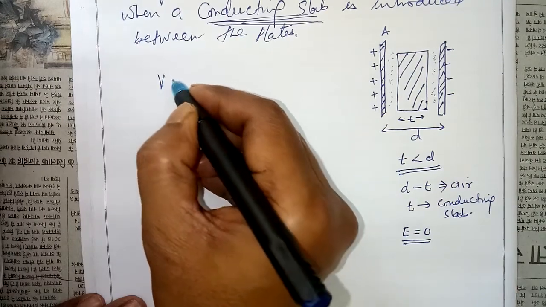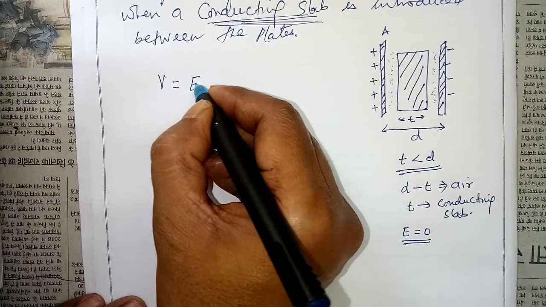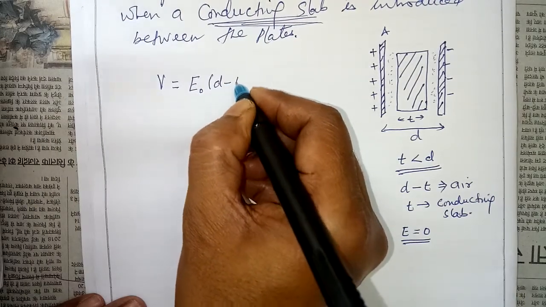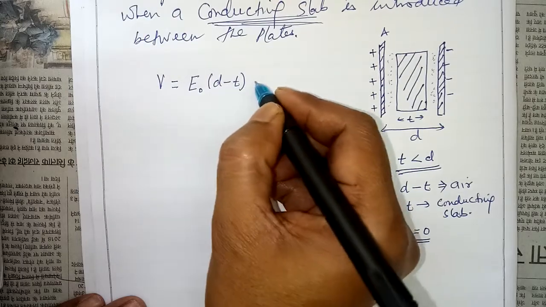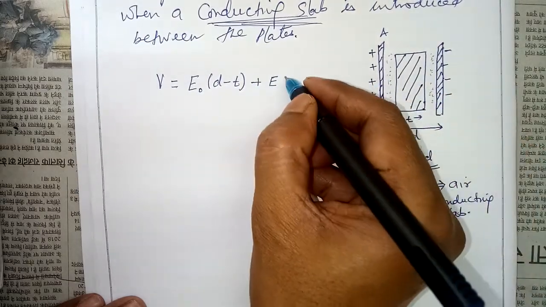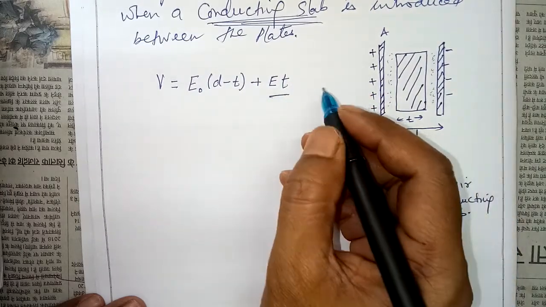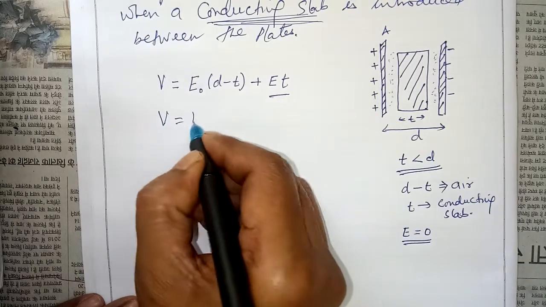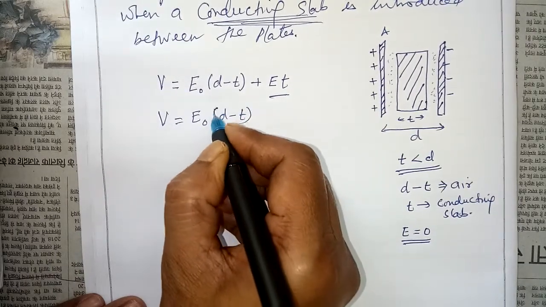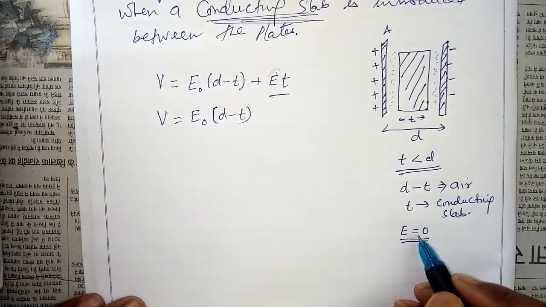The expression for potential difference is E naught into distance, and here the distance is D minus T for air, plus there will be one more electric field because of the conducting slab. But as electric field due to the conducting slab is 0, the expression will turn out to be E naught times D minus T.